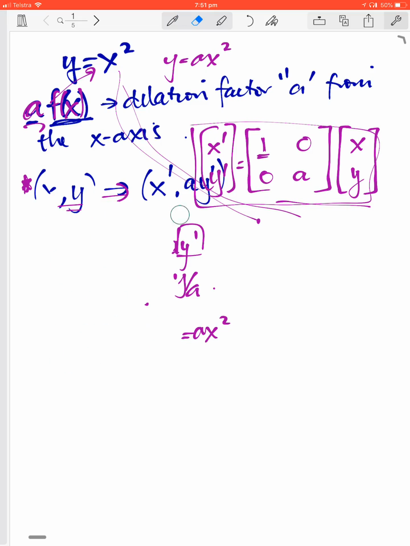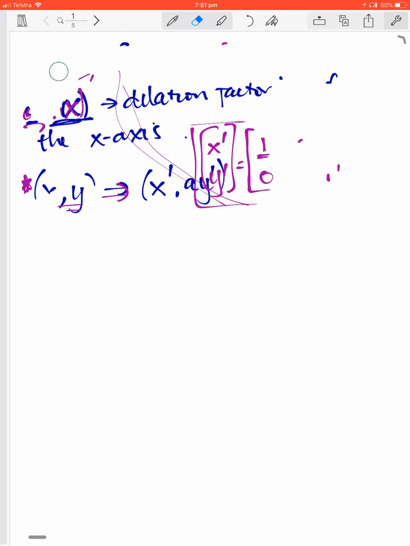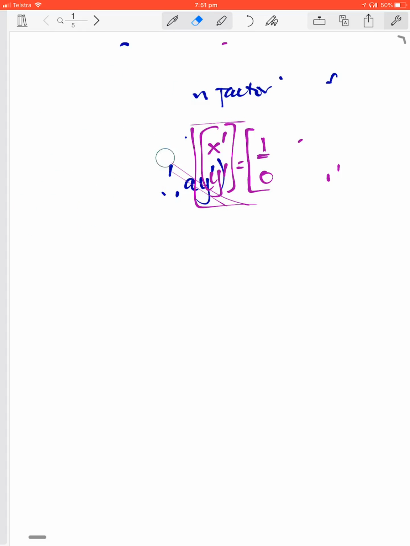So that's from the x-axis, both in function notation, in image notation, and also in matrix notation.